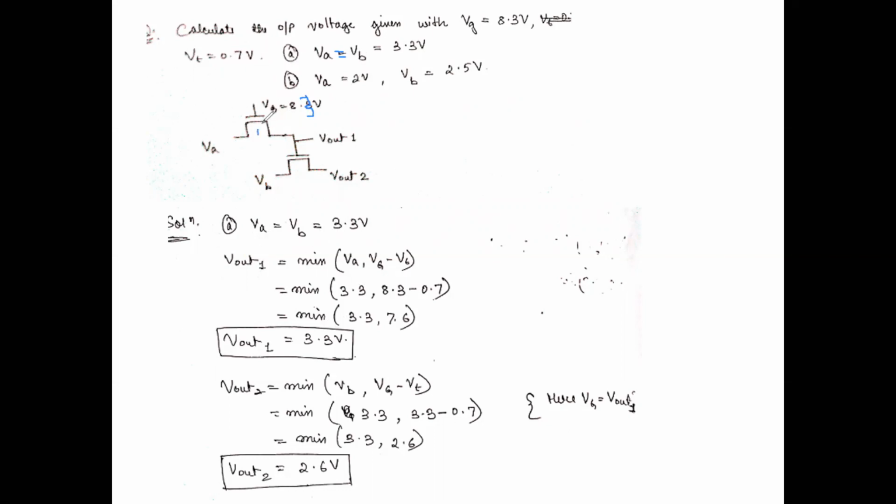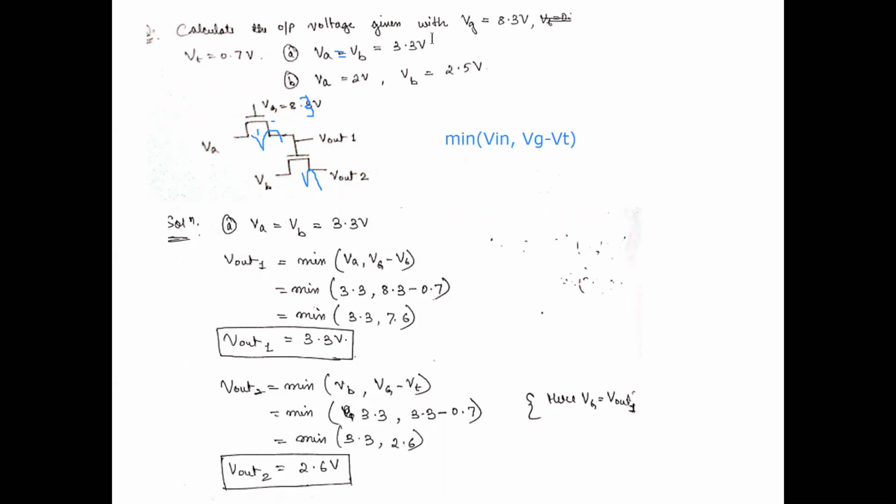This is an NMOS transistor, and this is also an NMOS transistor. What is the equation for us? V out is the minimum of V in and Vg minus Vt. This is the equation.